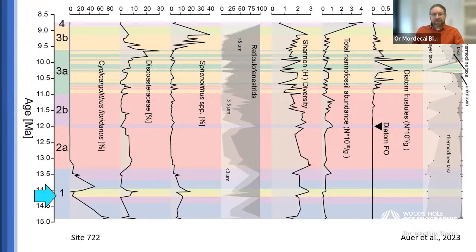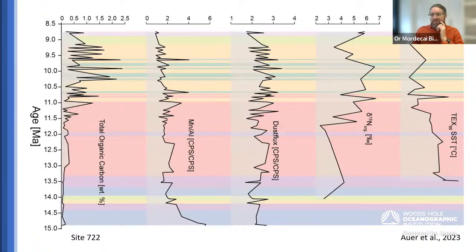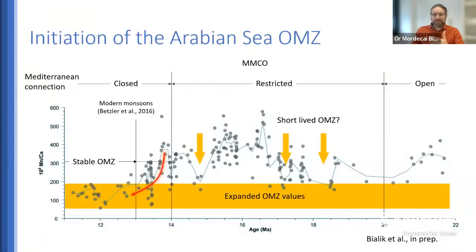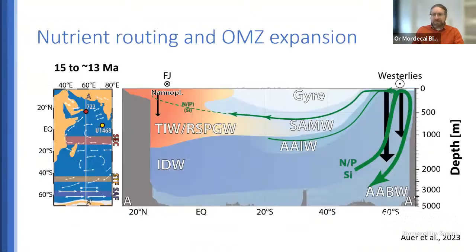where we start off with the period where we're seeing manganese depletion. This is the period where we're seeing the initial cooling. And manganese depletion, again, is completely comparable to what we were seeing in the Maldives. So this is the period where we're losing the connectivity with the Mediterranean.